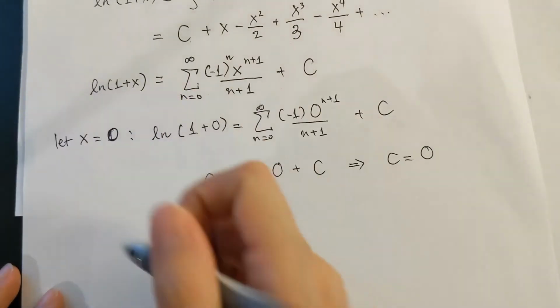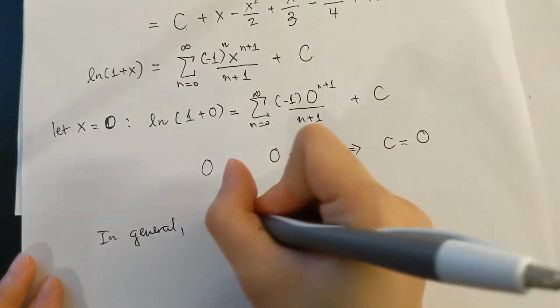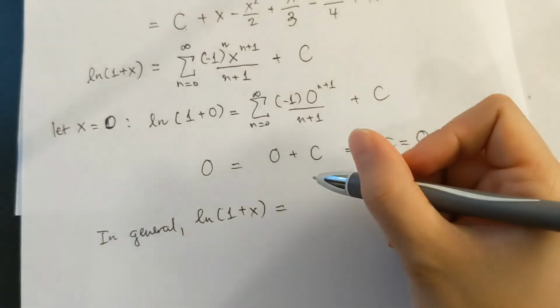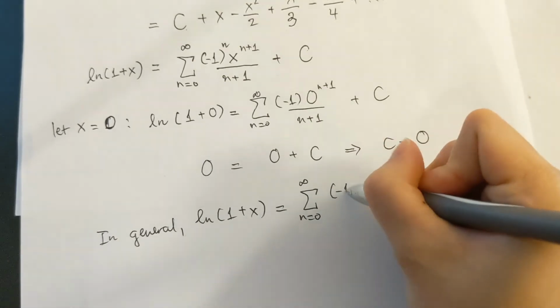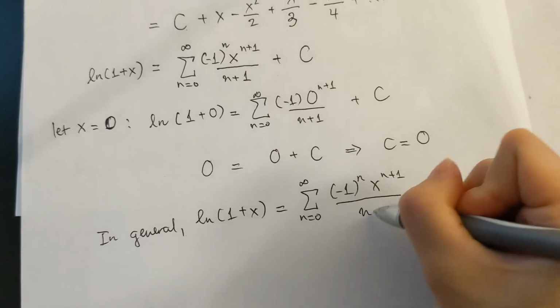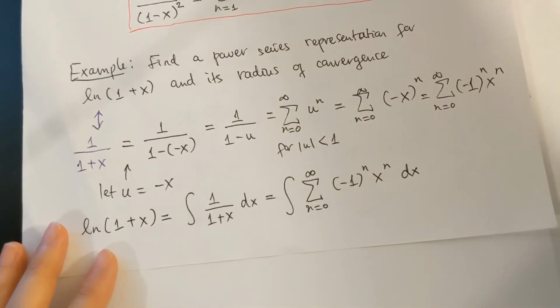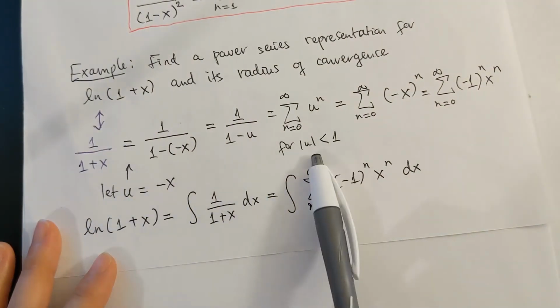So in general, this is the power series representation for the natural log of 1 plus x function. And this has the same radius of convergence as the one that we used to start with, 1 over 1 plus x.